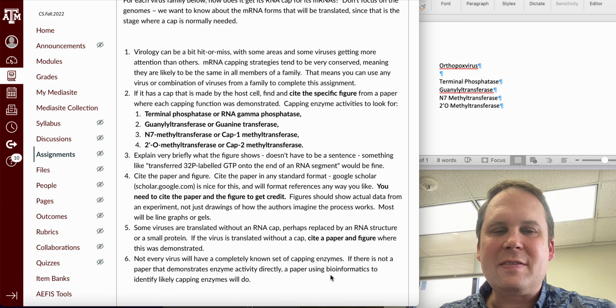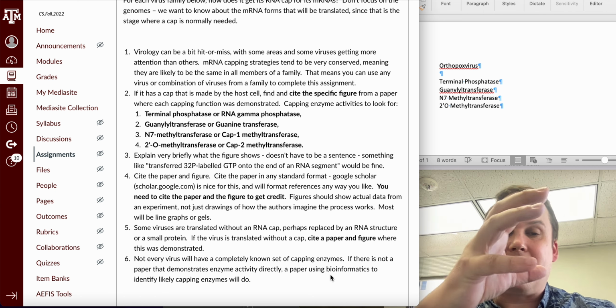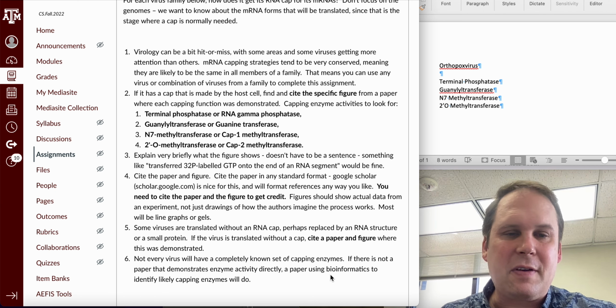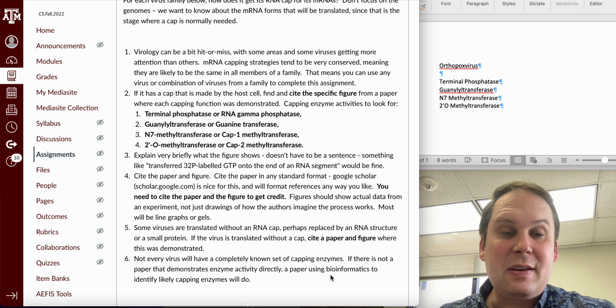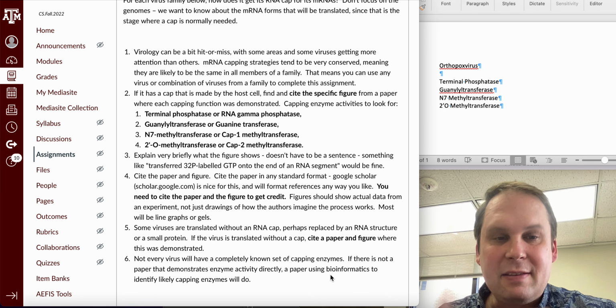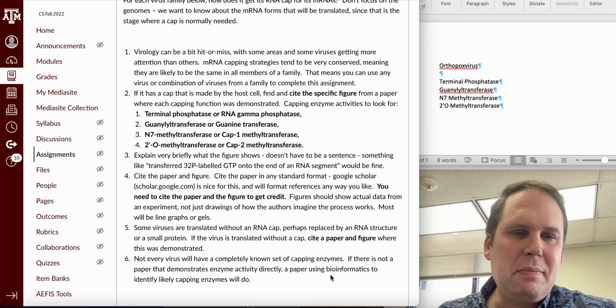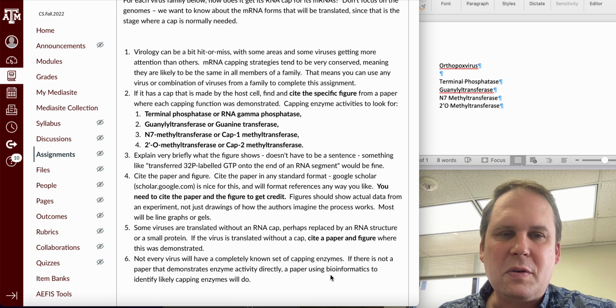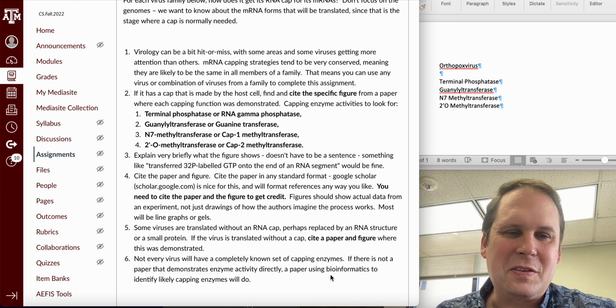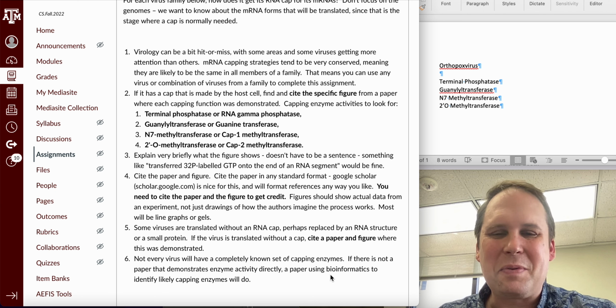This has real similarities to a guanylyl transferase or an N7-methyltransferase, and so probably that's what it is. If there isn't a direct demonstration of enzyme activity, which there isn't for a lot of these, it's okay. Cite me a paper that uses bioinformatics to correctly predict. You won't know if it's correct, but that uses bioinformatics to predict these functions.